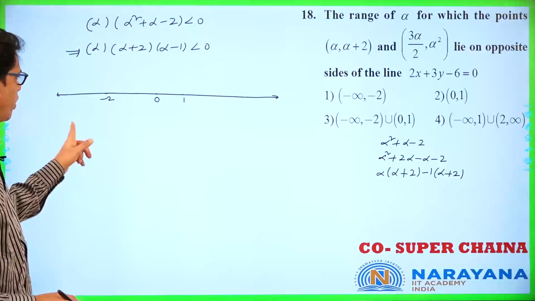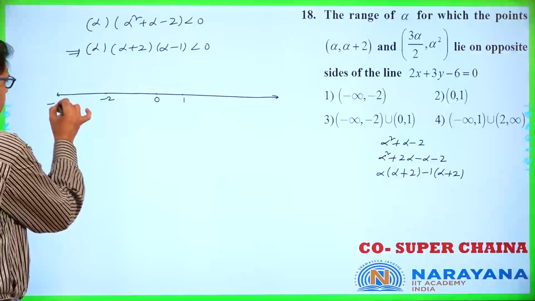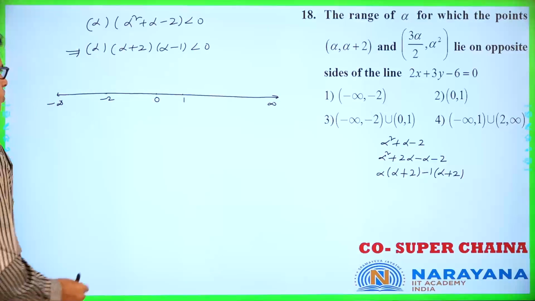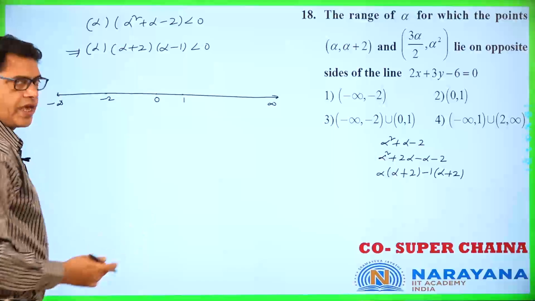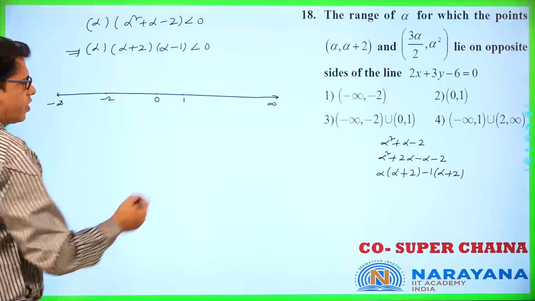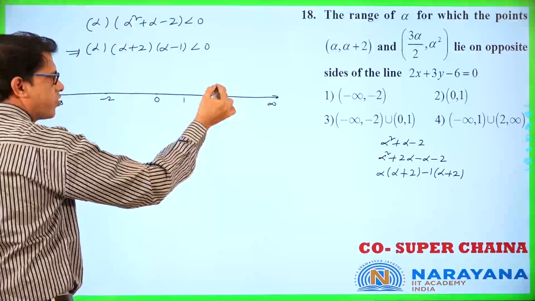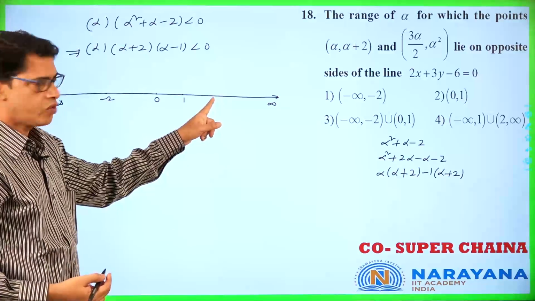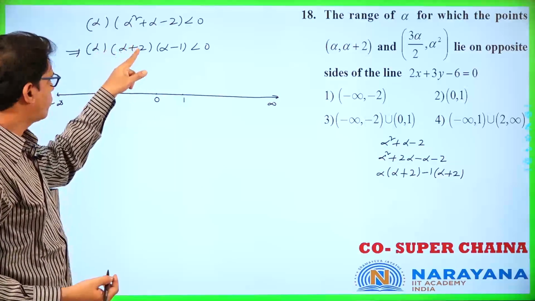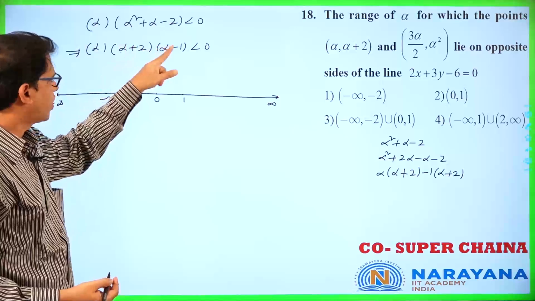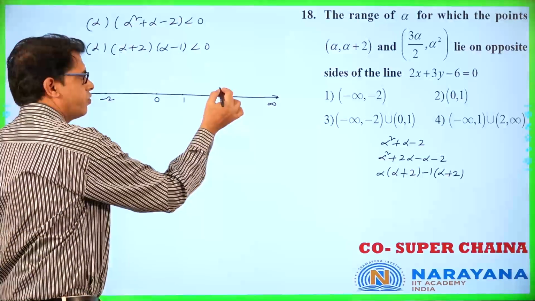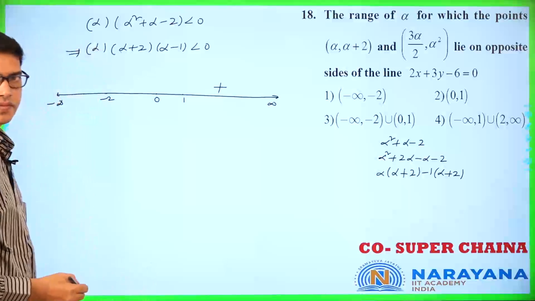Now here I got 4 intervals. Look at the extreme right interval. In this interval you can write plus directly, or if you want you can verify. If you take 2, then 2 into 2 plus 2 is 4, into 2 minus 1, gives 8, which is positive, so plus.